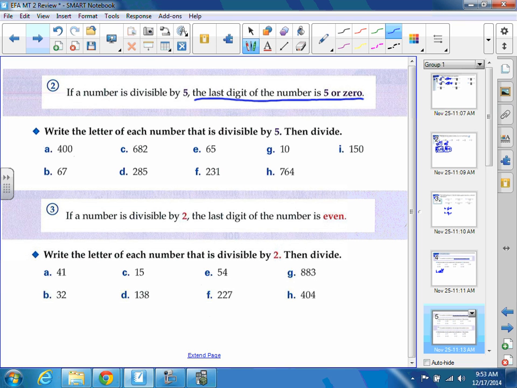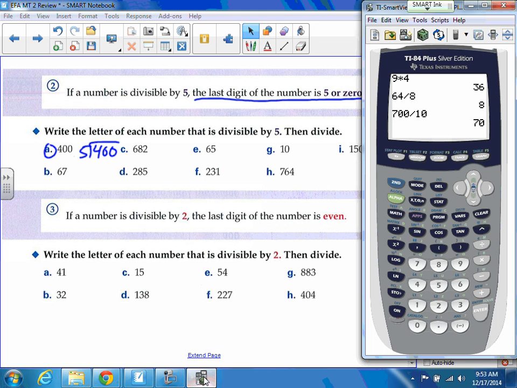So I know that A is going to work. I can take 400 divided by 5 and get my answer. Again, you can just do this on your calculator if you would like. 400 divided by 5 gives you 80. So 80 is the answer for A.